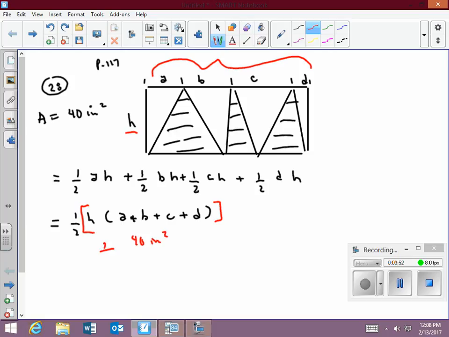So then it's 1/2 of that: 20 inches squared. The area of a rectangle is base times that height right there. But the base is A plus B plus C plus D, right? And that's given to us as 40.